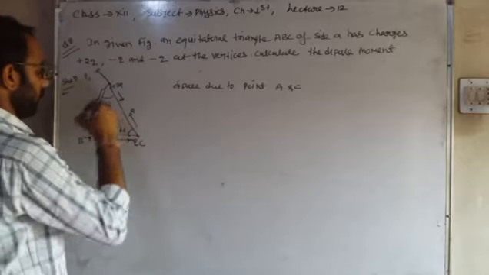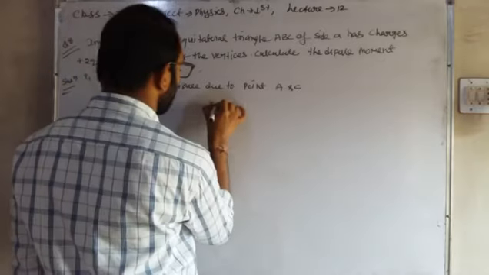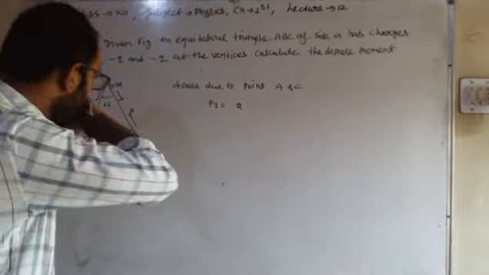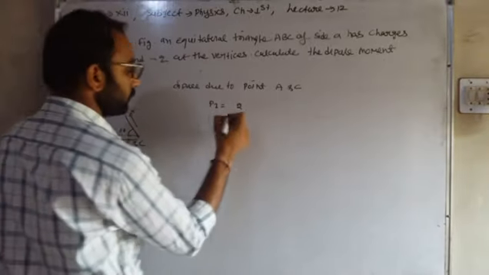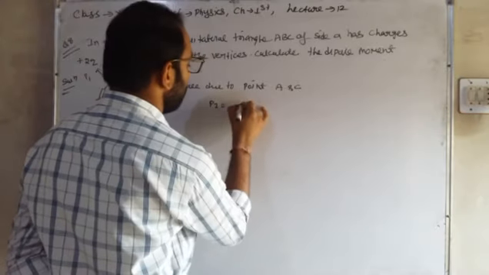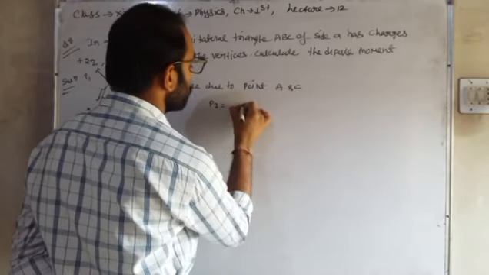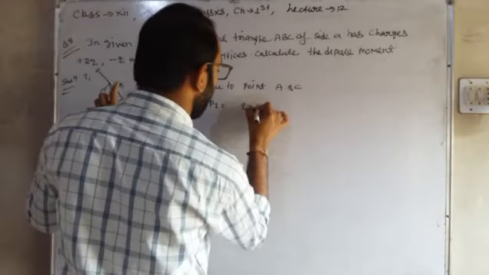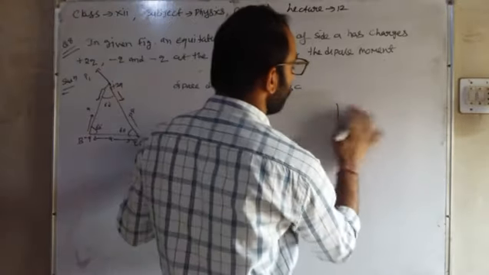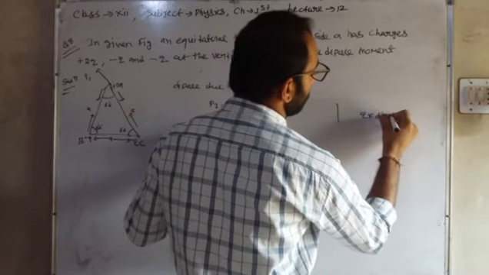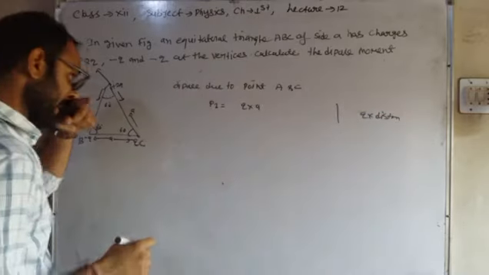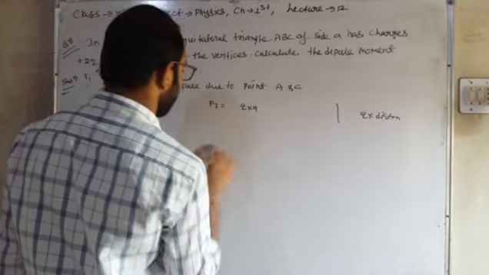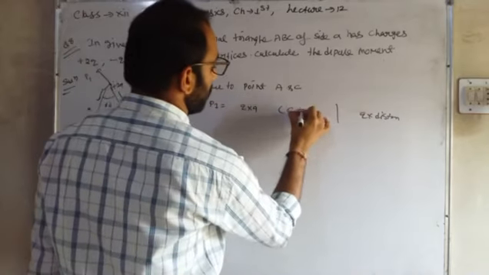Consider this one is P1, and similarly P2. The charge is q multiplied by 2 and distance between these is only a. Formula is p equals q into small distance, so the formula is q multiplied by a, and direction is C to A.